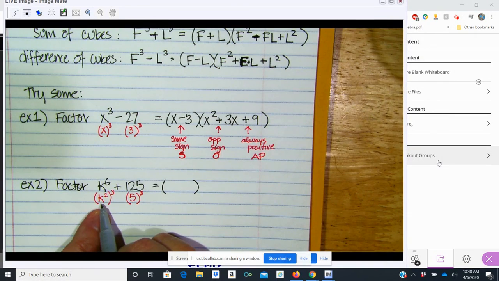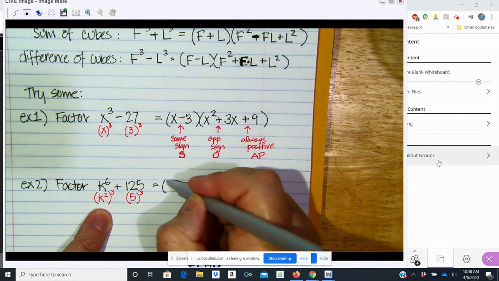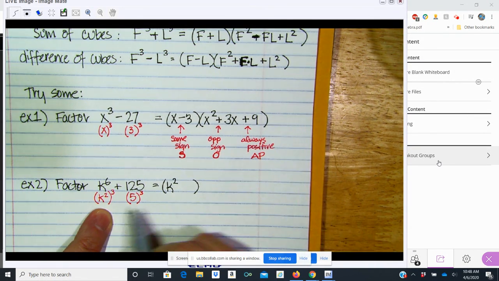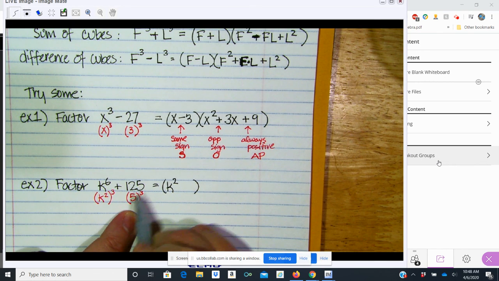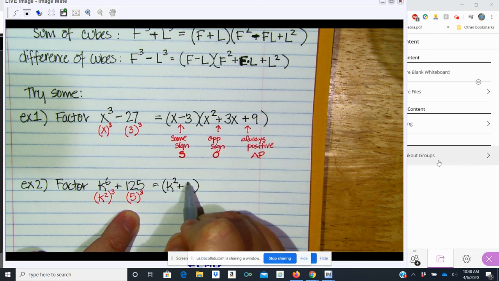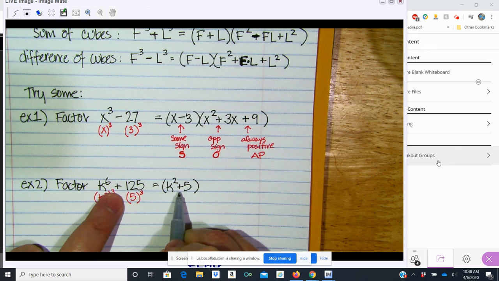I use the first cube root plus the second cube root, keeping the sign the same as the original.